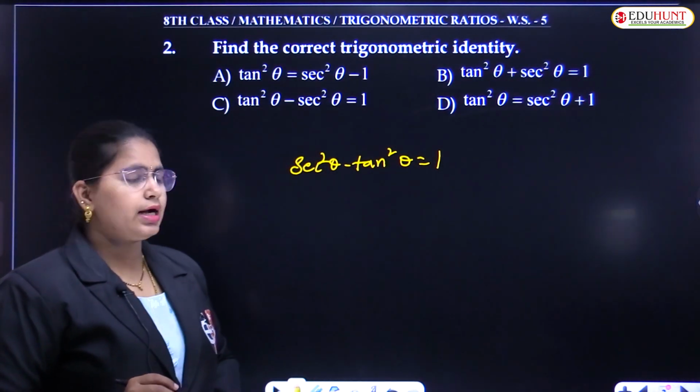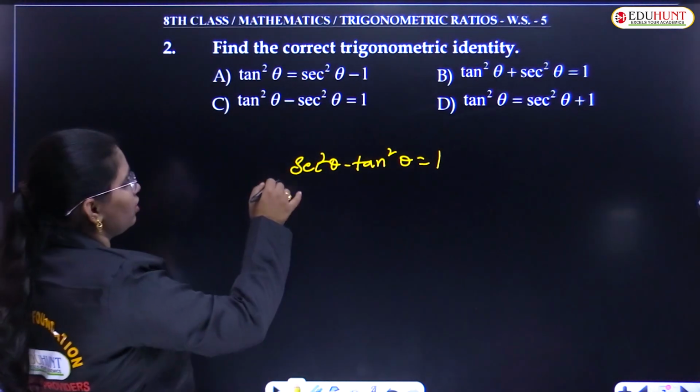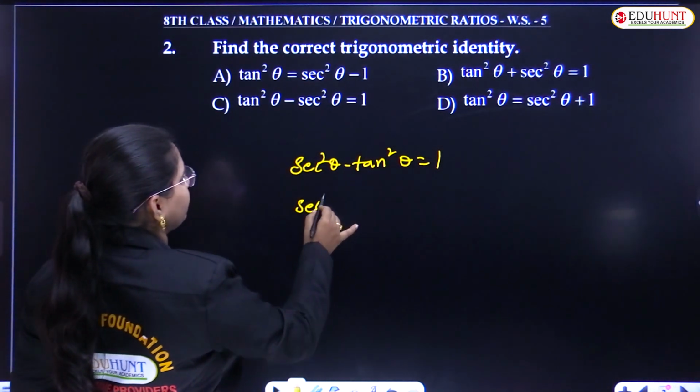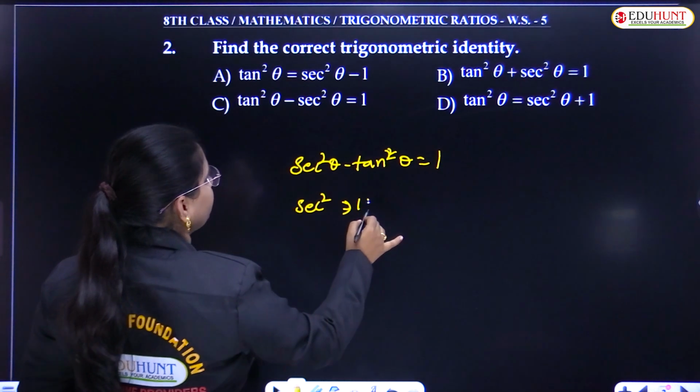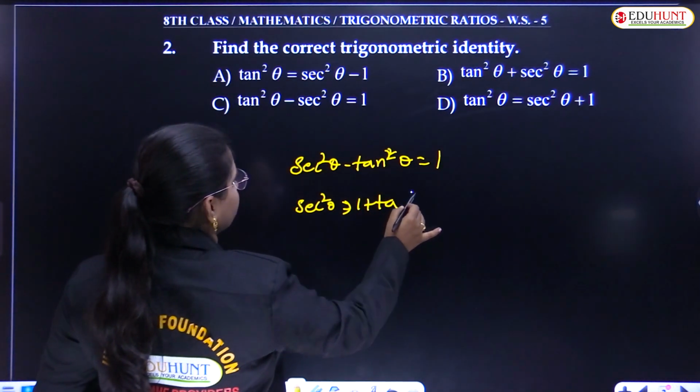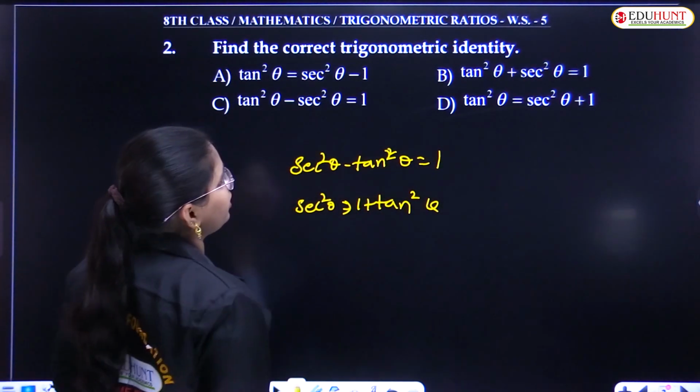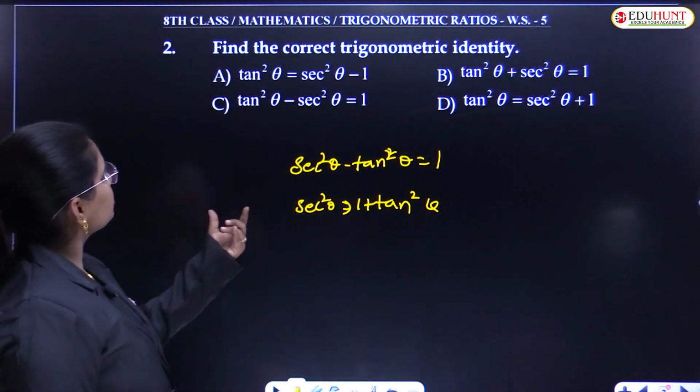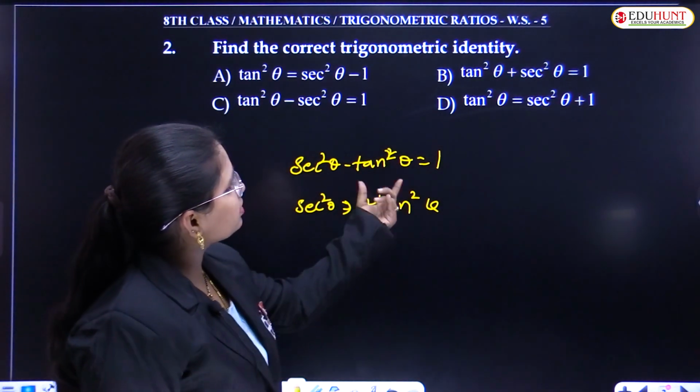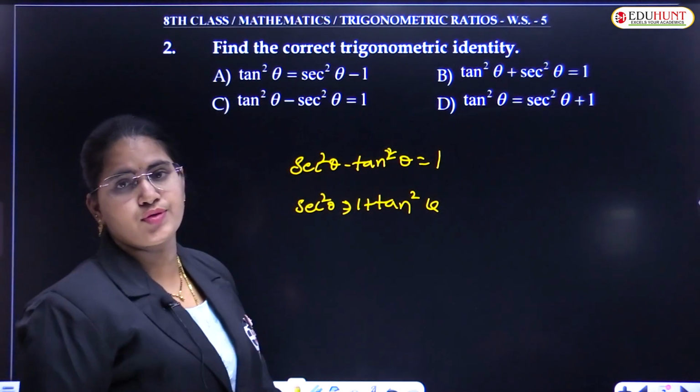So I am writing secant square theta equal to 1 plus tan square theta. Even that option is not there.